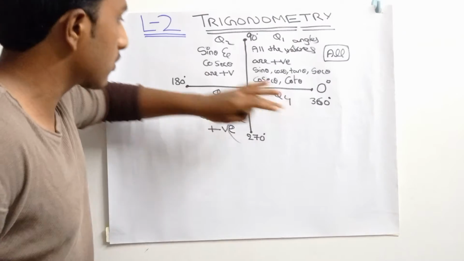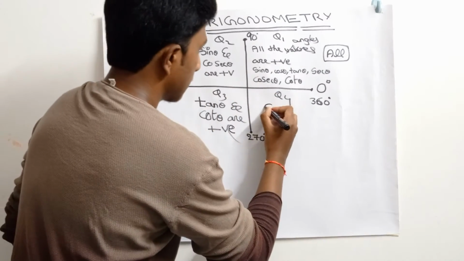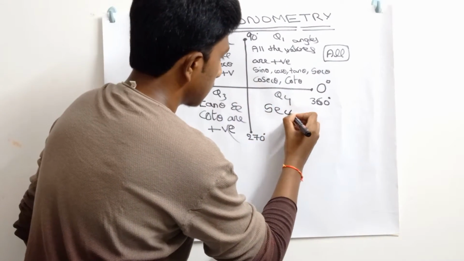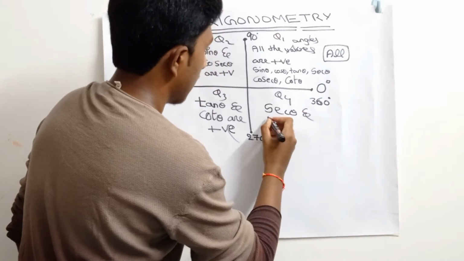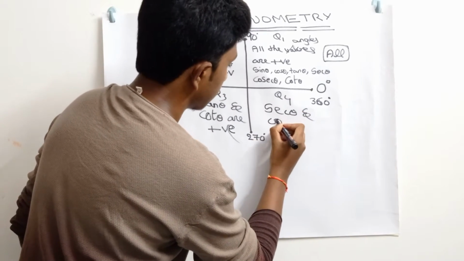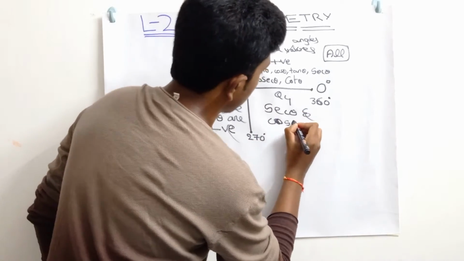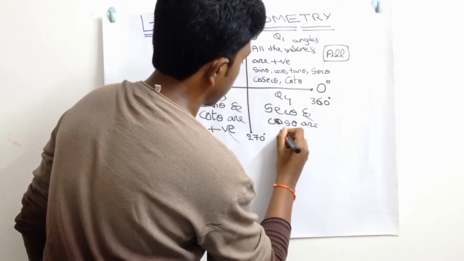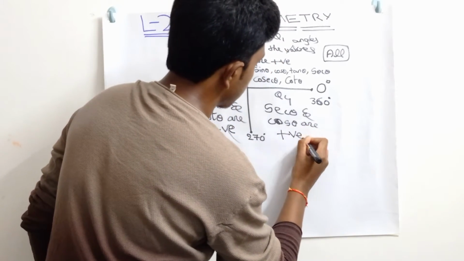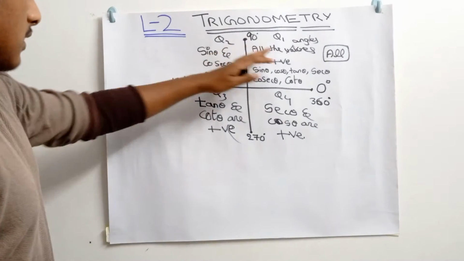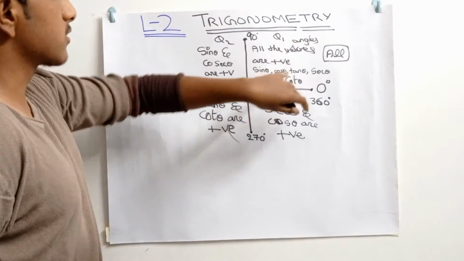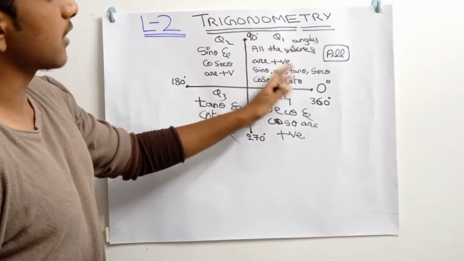While coming to the fourth quadrant, secant theta and cos theta are positive. In the first quadrant, all the angles are positive, that means sin theta, cos theta, tan theta, secant theta, cosecant theta and cot theta.